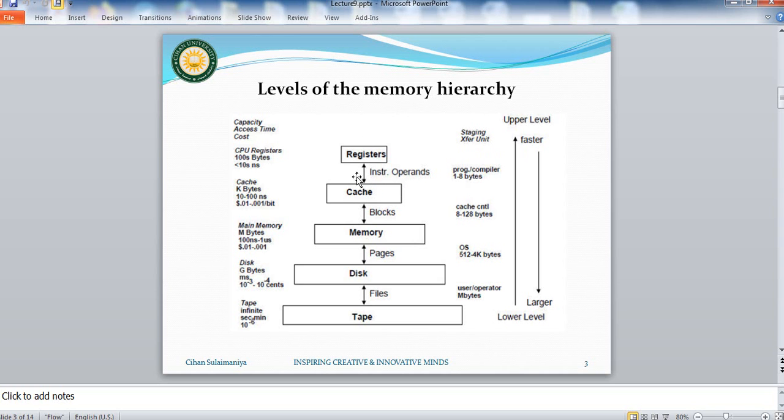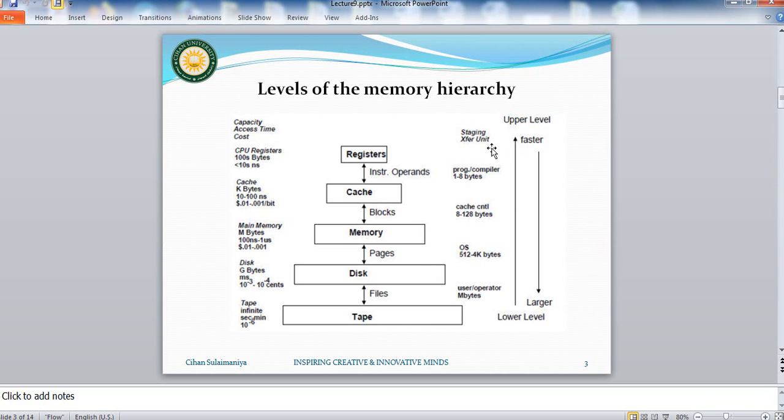Then the closest to the microprocessor is the cache memory, which we also name static memory. Then we have the dynamic memory, called RAM, random access memory in the market. Then there could be flash memory or something like that. Then disk, then tape.